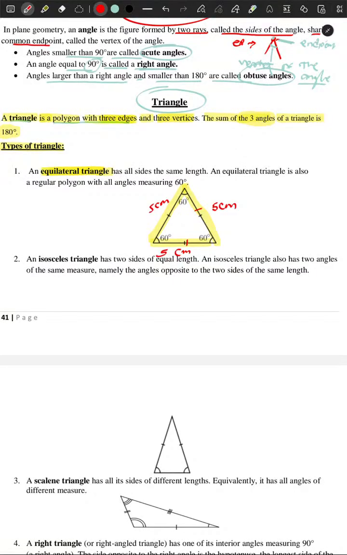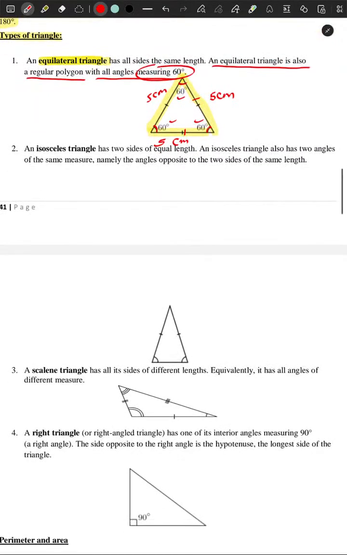An equilateral triangle is also a regular polygon with all angles measuring 60 degrees, which means each angle is 60 degrees. This angle 60, this angle 60 and this angle 60.